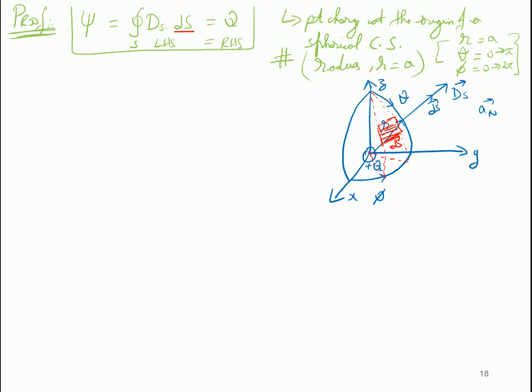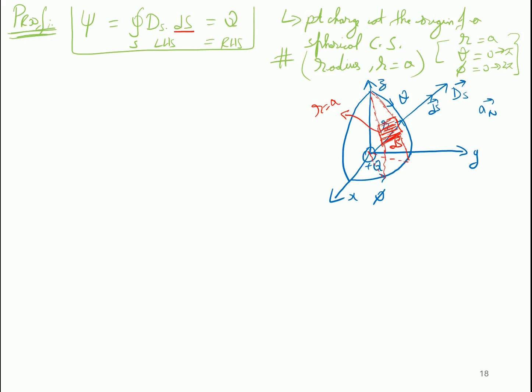This is the area we have selected in our spherical coordinate system, and this is the patch with radius of a, and we want to see what the electric flux density is in this small area, because we want to prove this equation. We know the electric flux density of a point charge is given as such.